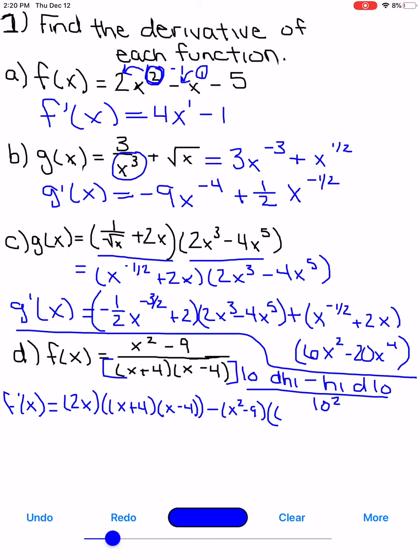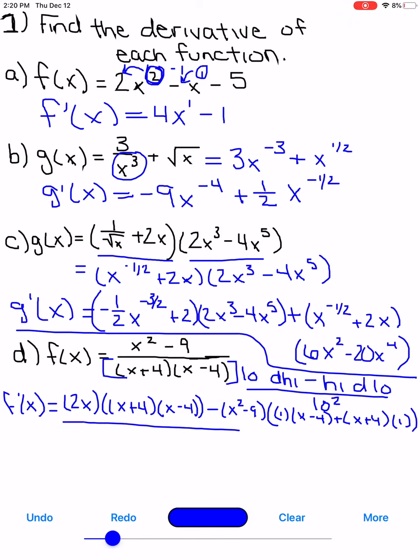So we will take the derivative of the first times the second plus the first times the derivative of the second, which is written as 1 times x minus 4 plus x plus 4 times 1.